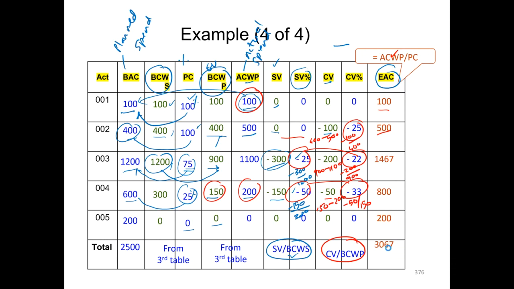Initially it was 2500, and based on the progress being reported in month 4, the final completion cost is looking like 3067. Right. So this example serves as an illustration of the method used to compute earned value analysis.